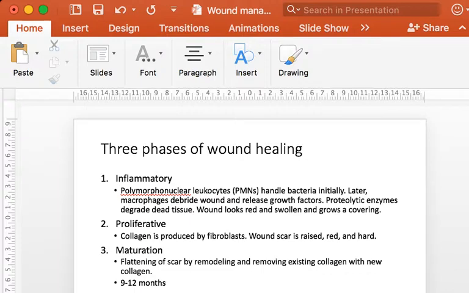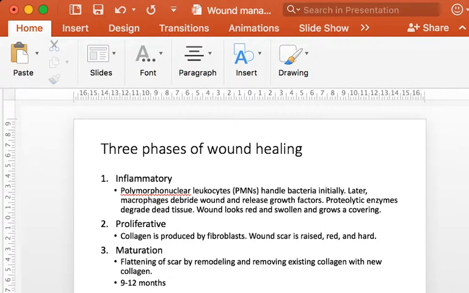There are three phases in wound healing. The first phase is inflammatory, which is followed by proliferative, which is followed by wound maturation. In the inflammatory phase, polymorphonuclear leukocytes, or PMNs, which would include neutrophils, eosinophils, and basophils, so our granular immune cells, will destroy bacteria.